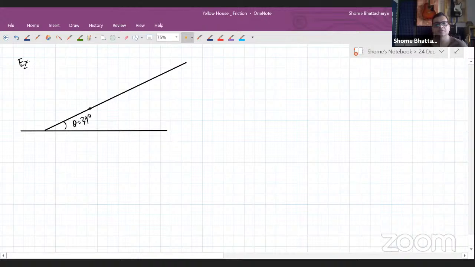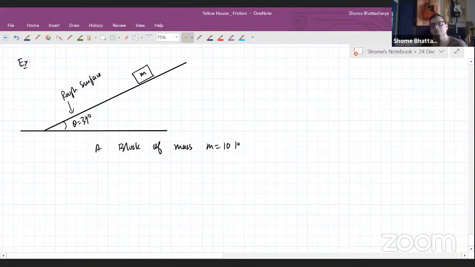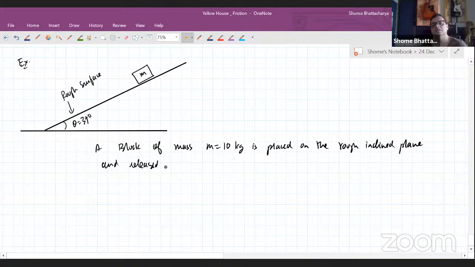So this is a rough inclined plane, and we have kept a block of mass m equal to 10 kilograms on the rough inclined plane and released from rest.